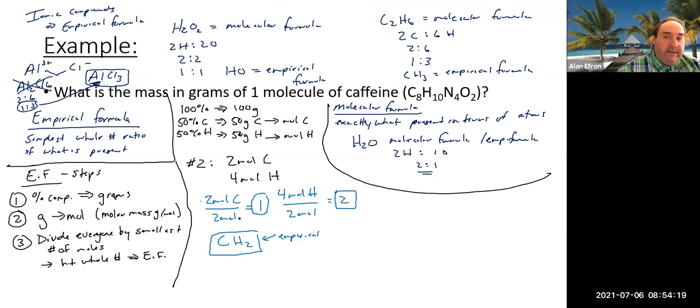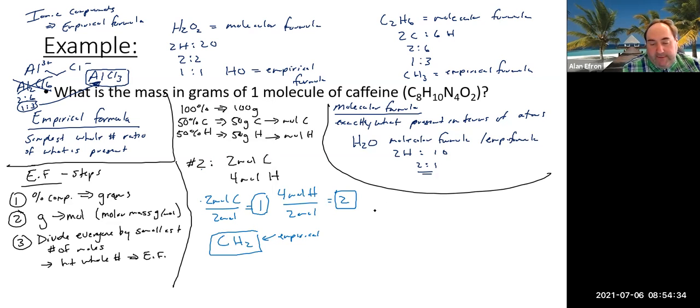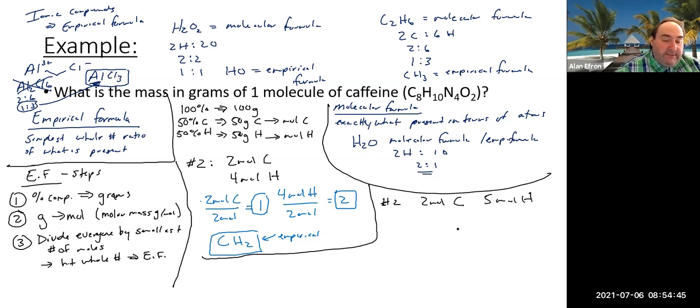Now, not everything always turns out really nice like that. So let's just say that after step number 2, we ended up with 2 moles of carbon, but 5 moles of hydrogen. In this case, we would still divide by the 2. So 2 moles of carbon divided by 2 moles equals 1.